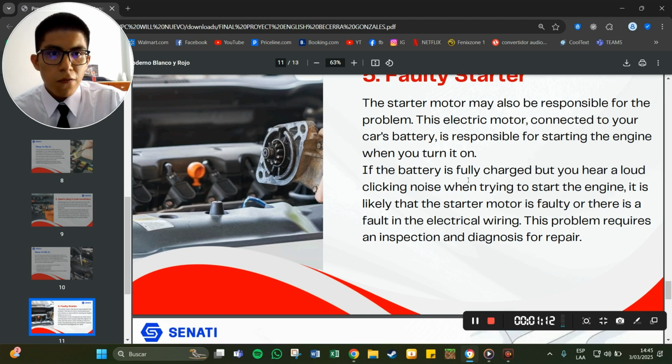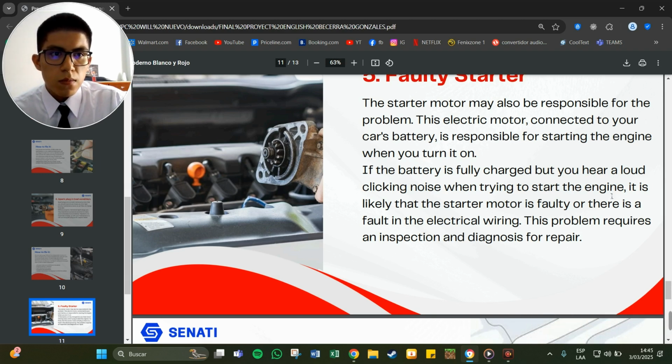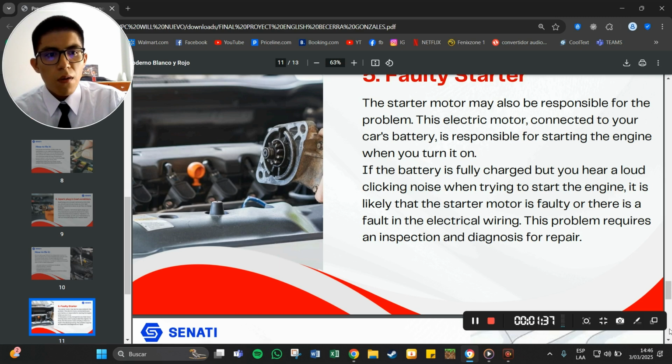If the battery is fully charged, but you hear a loud shaking noise when trying to start the engine, it is likely that the starter motor is faulty or there is a fault in the electrical wiring. This problem requires an inspection and diagnosis for repair.